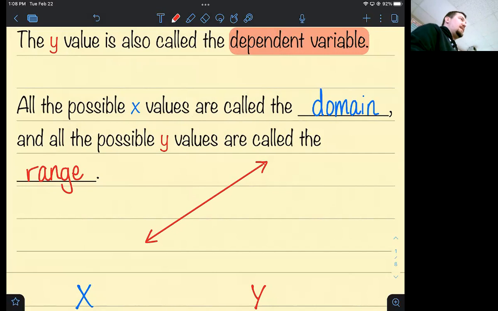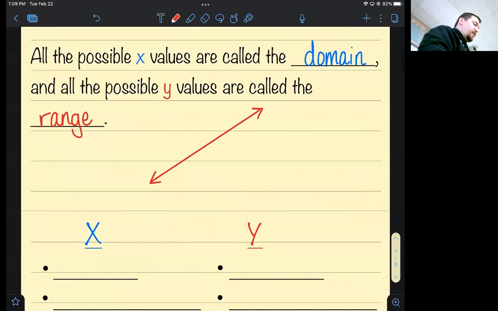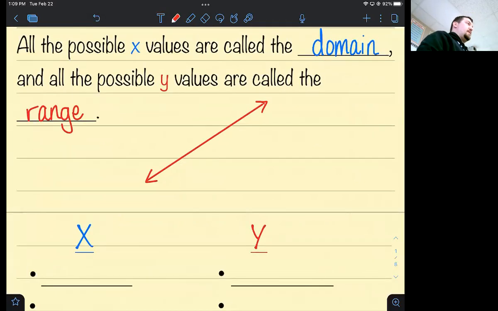The domain is all possible X values. It's going to go on forever to the right and forever to the left. The range is all the possible Y values. That line's going to extend forever up, and it's going to extend forever down. So it's also all possible Y values. That's why we don't get into domain and range very much when we're talking about linear functions, but you're going to see some examples of nonlinear functions, and they are going to either stop, where it's just a certain number of points, or maybe it's a parabola, like this shape here, and it doesn't go down forever.